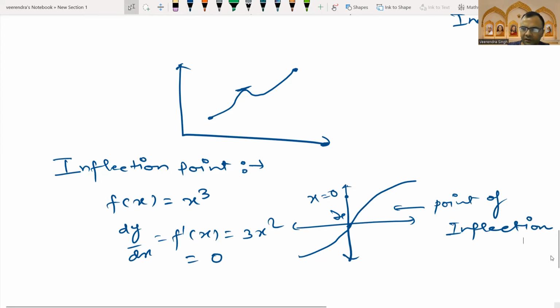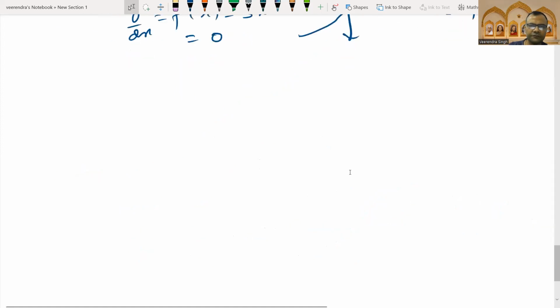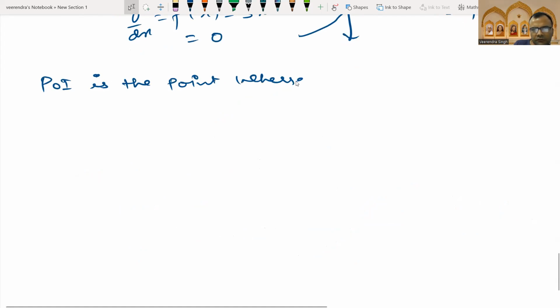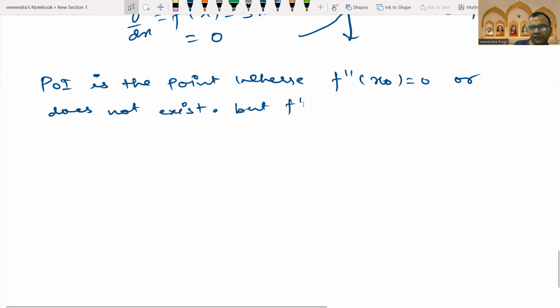So point of inflection is the point where the double derivative of the function, f double dash of x naught, is 0 or does not exist. But f dash of x naught exists.